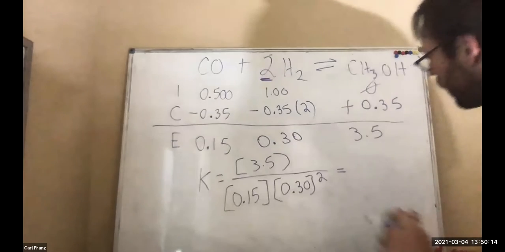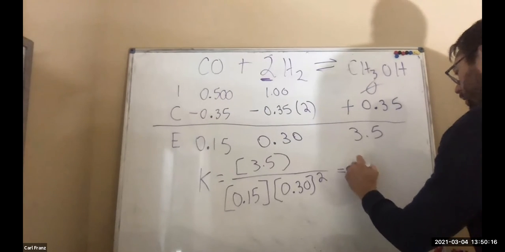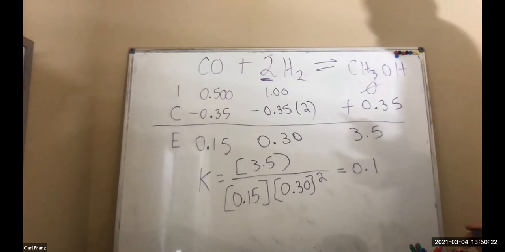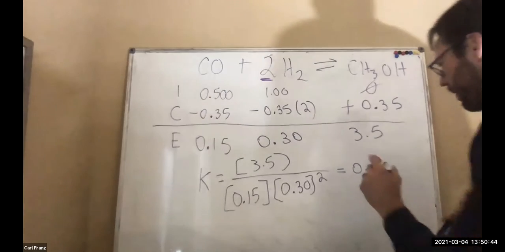What'd you get? 2.1. Okay. Anybody get something different? I'm getting 25.9. I think I put it in the calculator wrong. Okay. Anybody else get 25.9? I got 25.9. On your equation, it says 3.5 up top, and it should say 0.35.